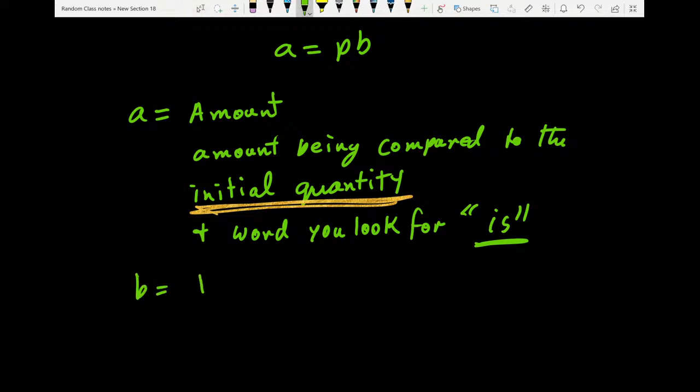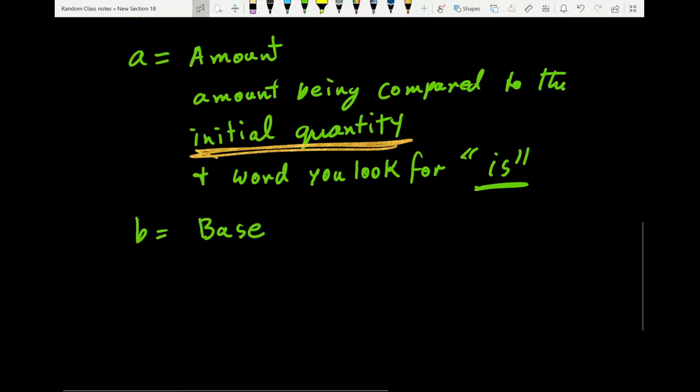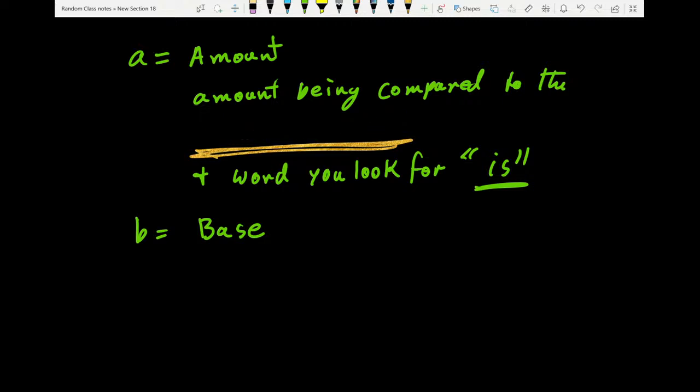B is the base. And it's the initial... Nope, no, I made a mistake. That's not initial quantity. That's the whole quantity. Oh, no, I had it right. Compared to the initial quantity. But the base is the initial amount.